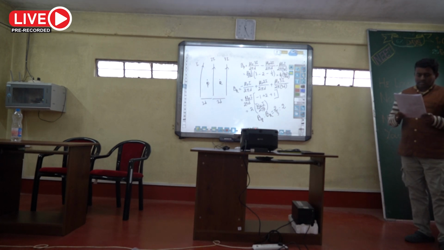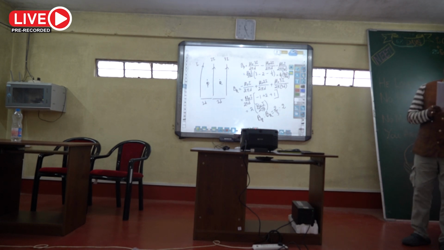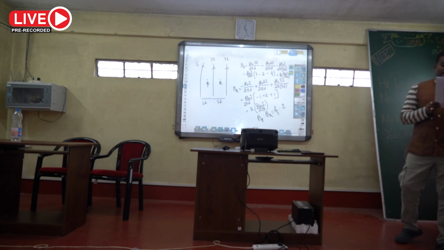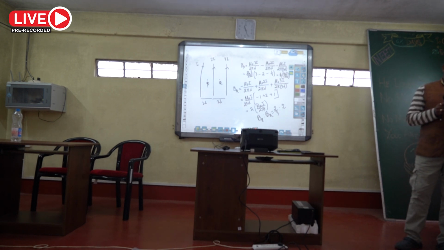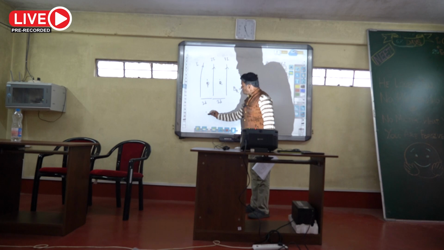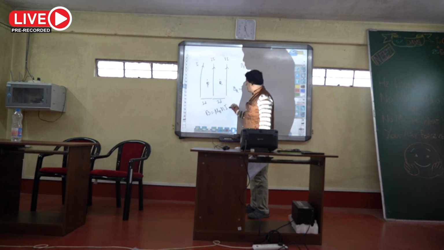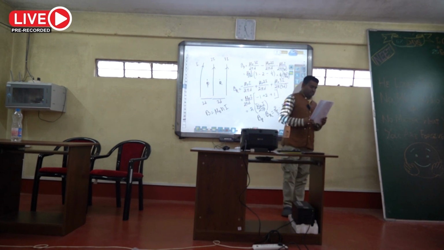Okay, then question number 30. A 0.8 meter long solenoid has 800 turns and has a field intensity 2.52 into 10 to the power minus 3 Tesla at its center. What is the current in the wire? This is very simple. Just use this formula for the solenoid, B equal to mu naught n i. You have to find that I only.